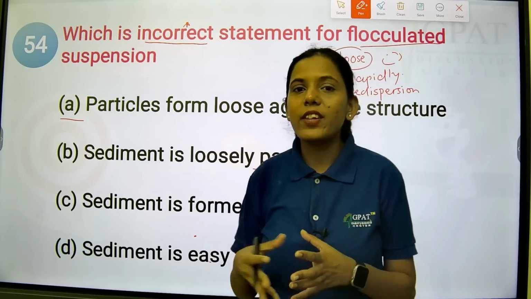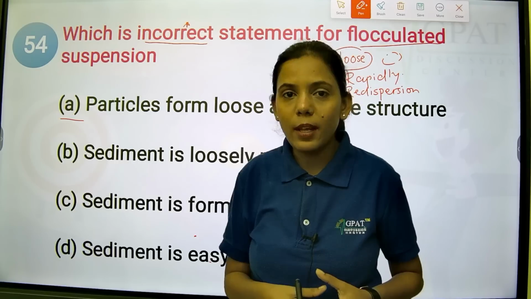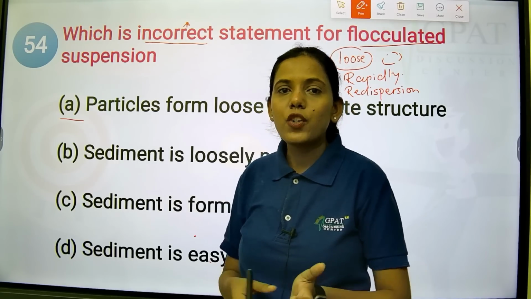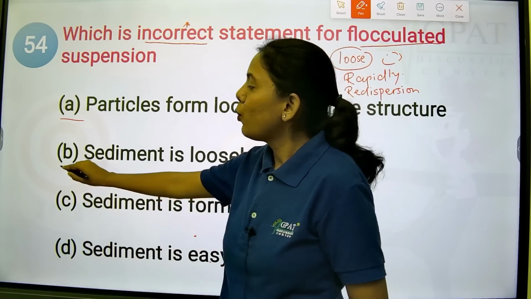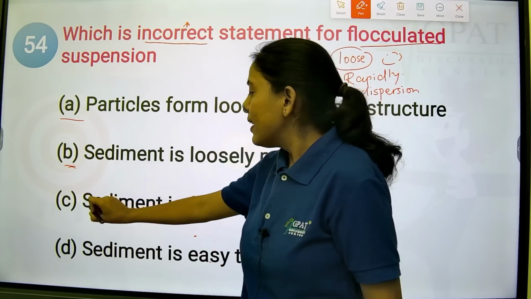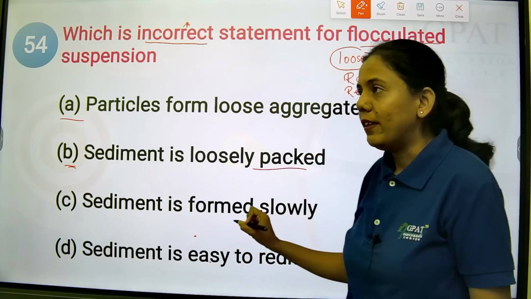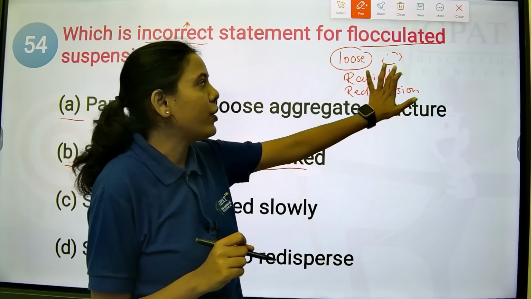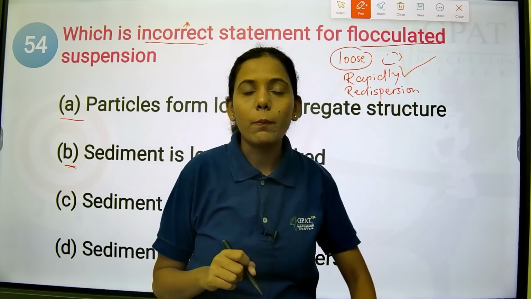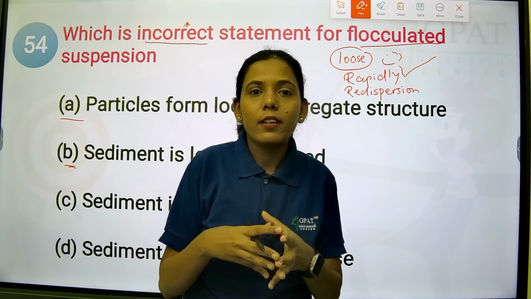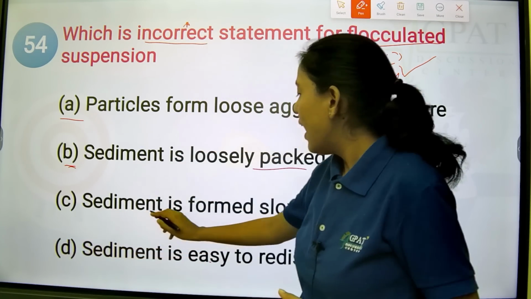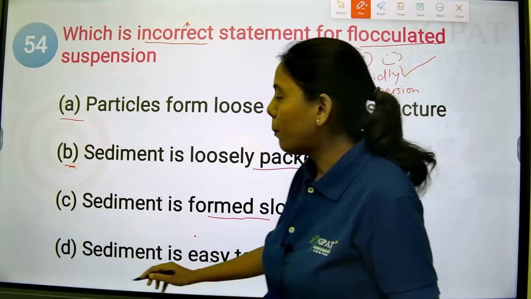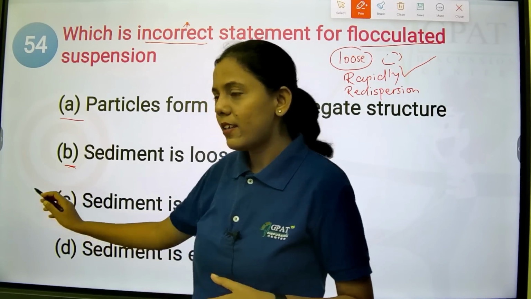Yes, whatever sediment is there is loosely packed, so it will redisperse easily. So B is the right statement. Sediment is formed slowly. Is that so? No. It is a rapid formation, because 2 to 3 particles are coming together. So option C is the incorrect statement.